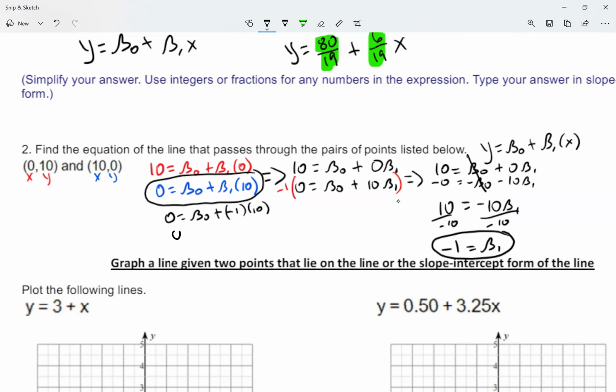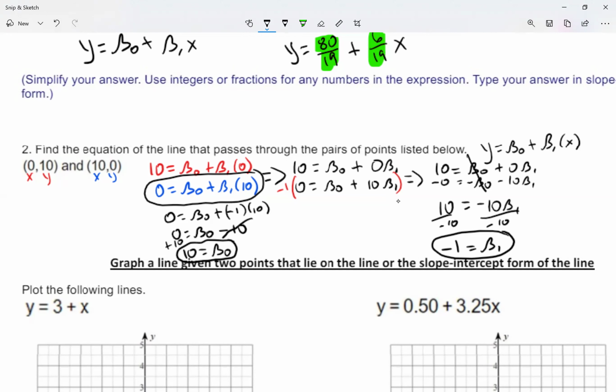So 0 is equal to beta 0 minus 10. This -10, let me move it to the other side as a +10. So I have that 10 is equal to beta 0. Let me circle that because I'm going to need that.